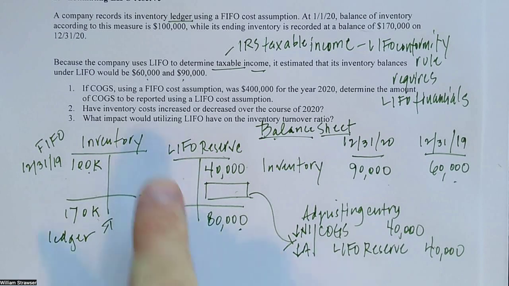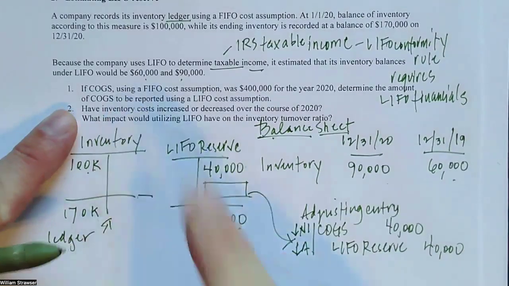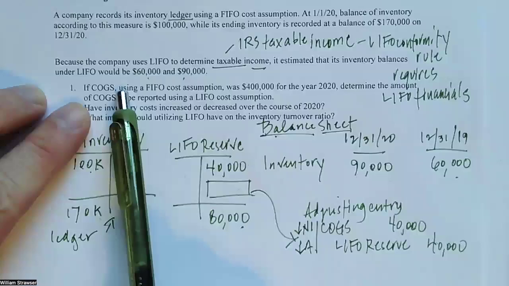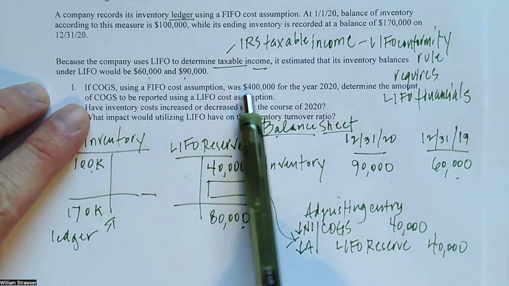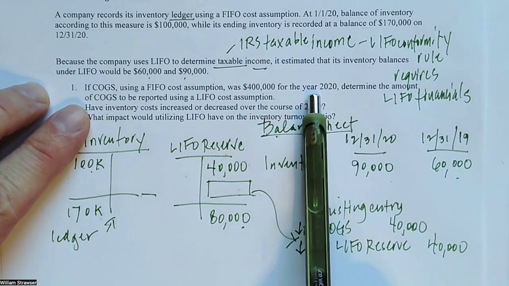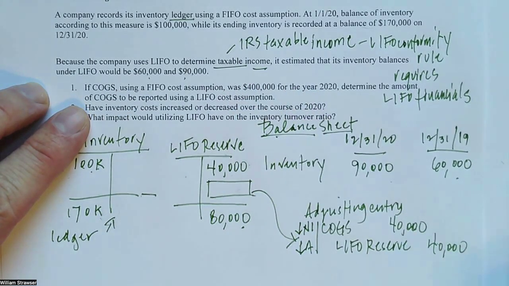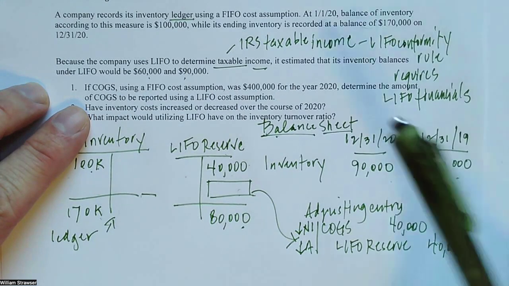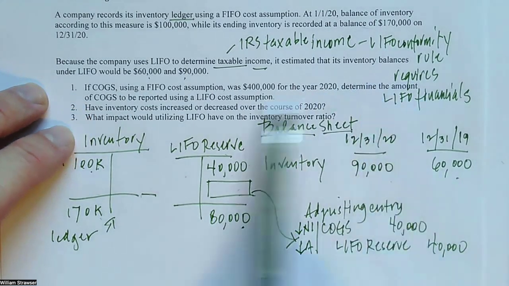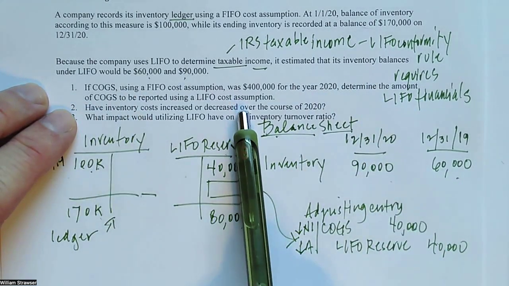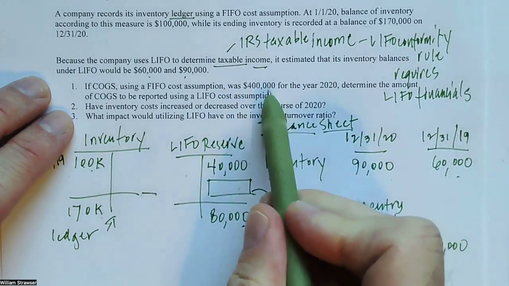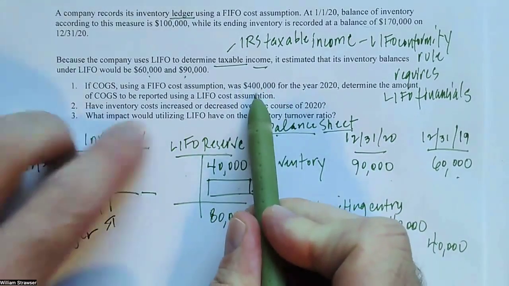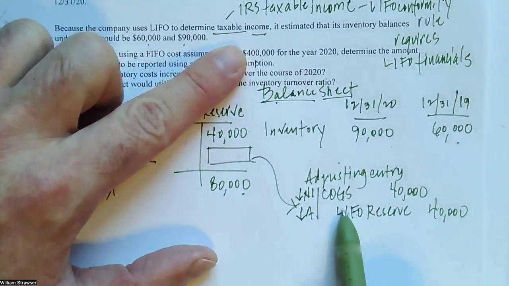Right? So then let's look at the first one, let's apply this. The first one asks if COGS using a FIFO cost assumption was $400,000 in the year 2020. So it's giving me that non-LIFO COGS. Determine the amount of COGS to be reported using a LIFO cost assumption. Well, if FIFO was 400,000, what did we do down here, right?